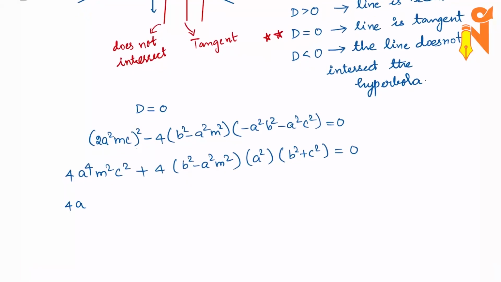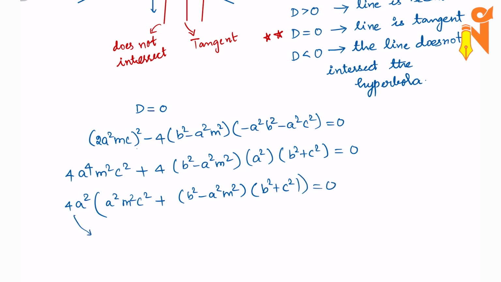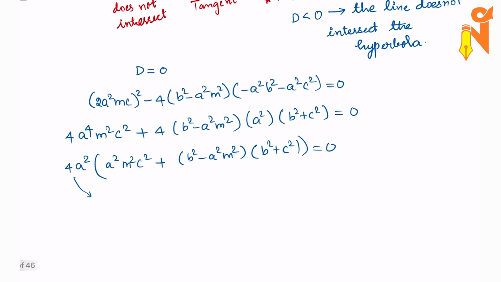So I can take 4a square out, so this will be a square m square c square plus (b square minus a square m square) into (b square plus c square). Taking 4a square to the other side, it will become 0.